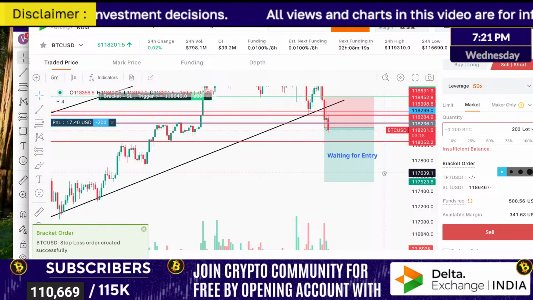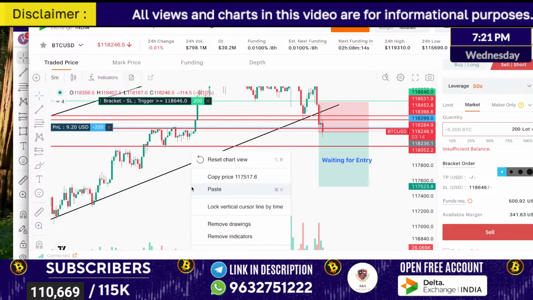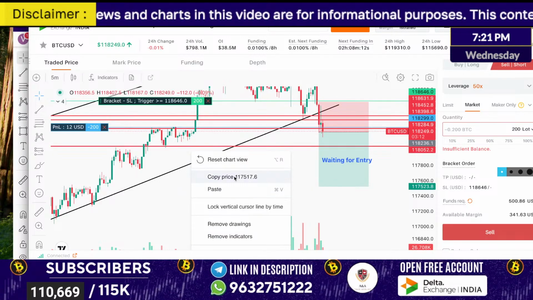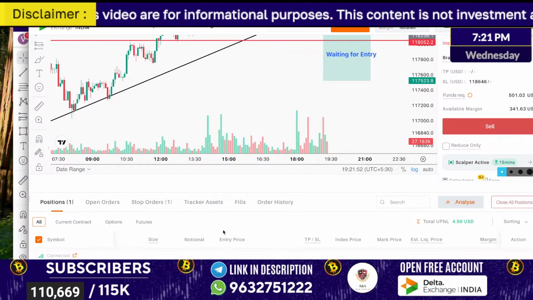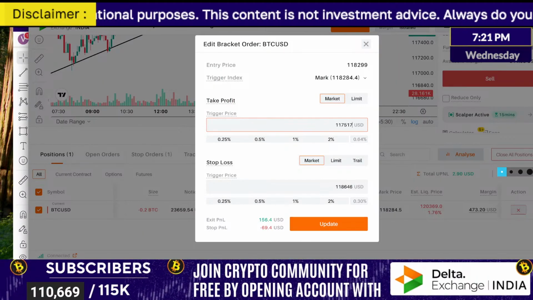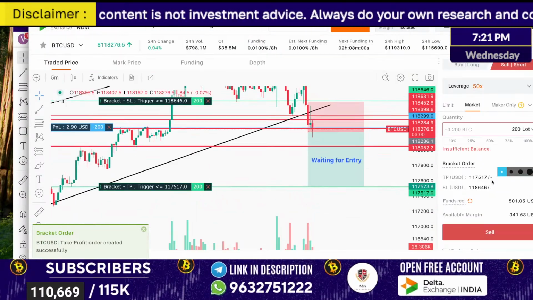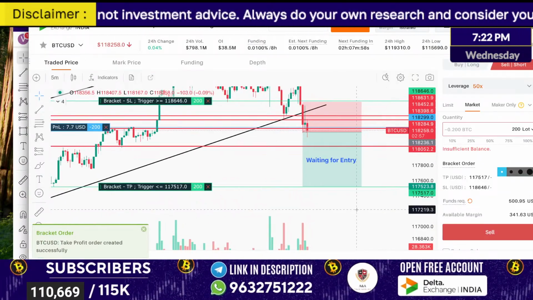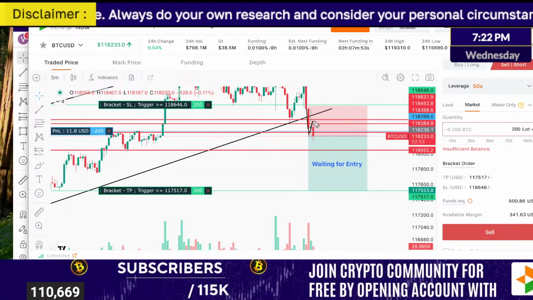So market is going. See here, we got a breakdown. Market went for a retest.